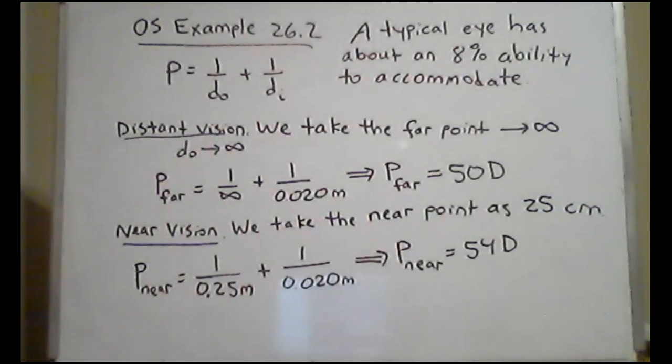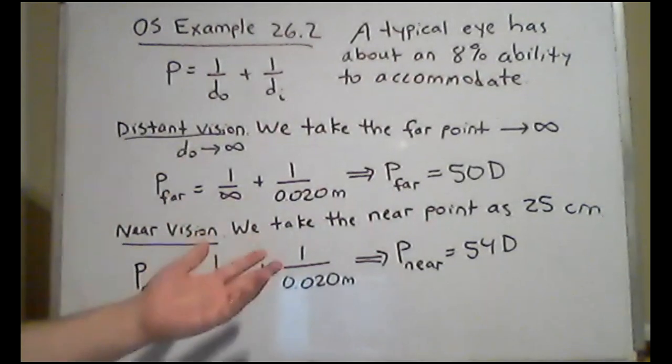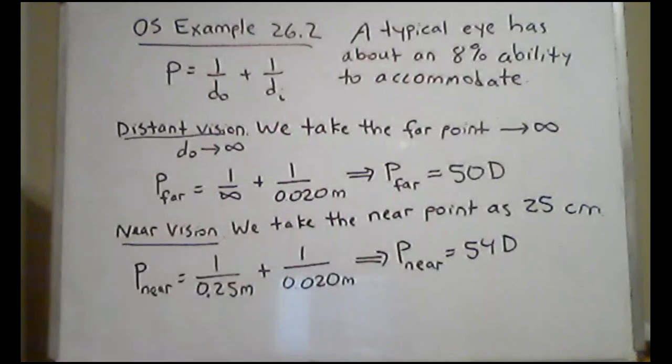So again, this is the ideal vision, going from 50 diopters up to 54 diopters at the near point, fully stressed, at its maximum power.